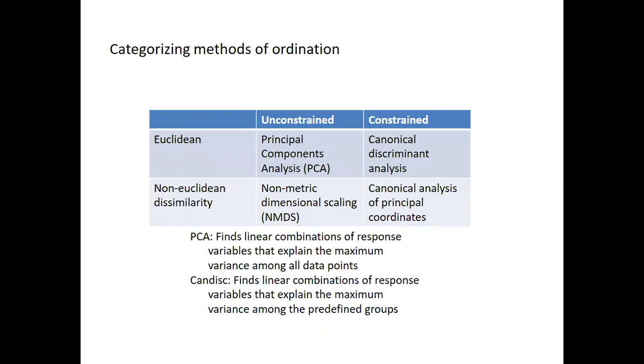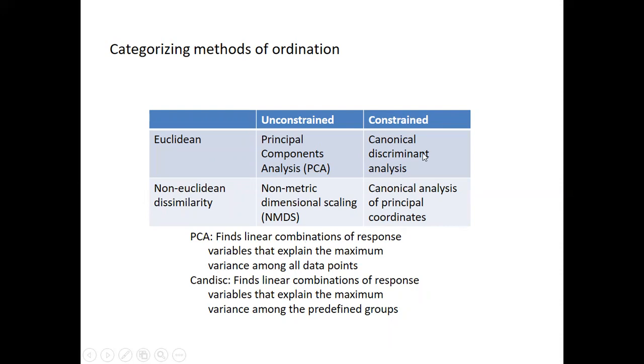Okay, so this is just one method of ordination. And the way to think about ordination of multivariate data is it can be either constrained. So we did a constrained analysis. And what that means is we were looking for a combination of response variables that best separated some predefined groups.